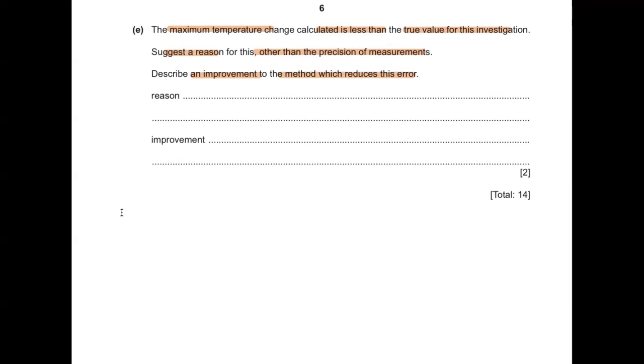And for that, we have to do insulation or put the lid on the beaker. So heat gain from the surrounding. Put the lid on the beaker, or instead you can use a polystyrene cup as well.